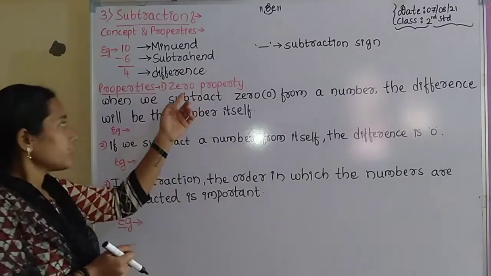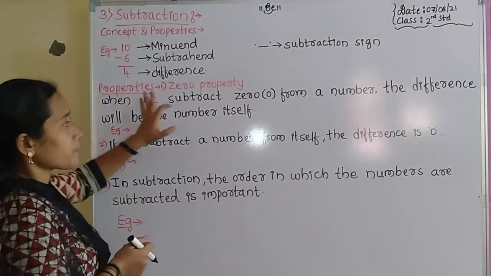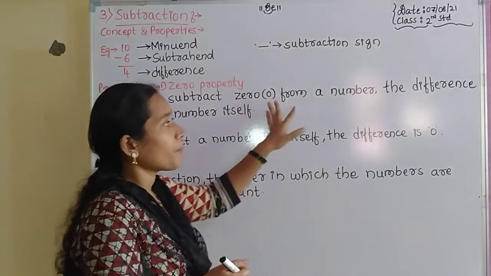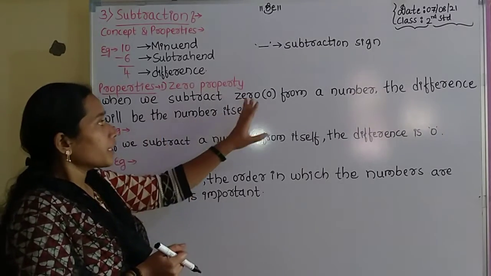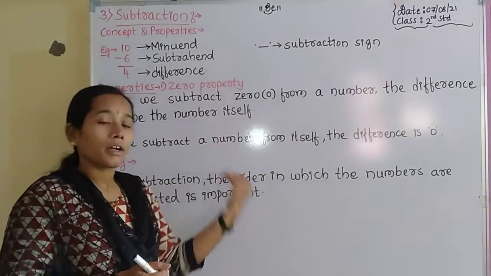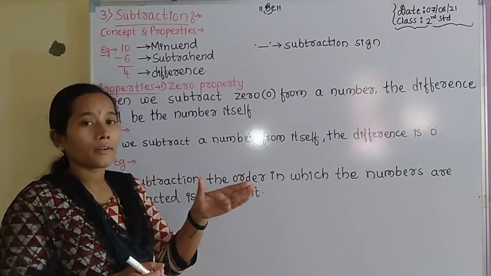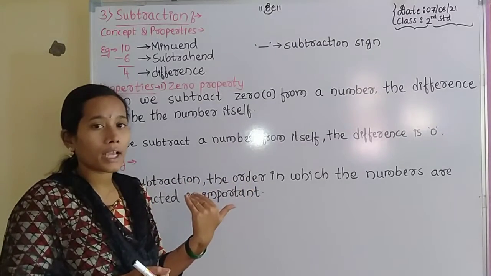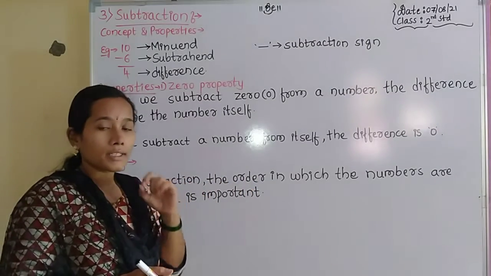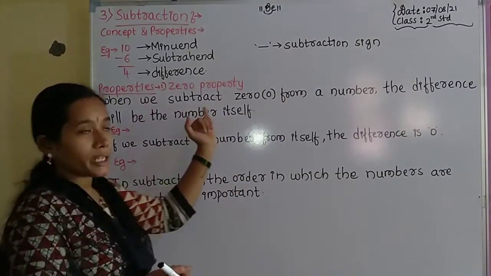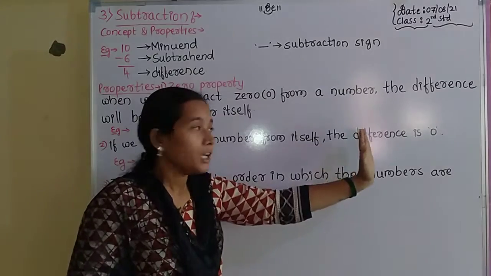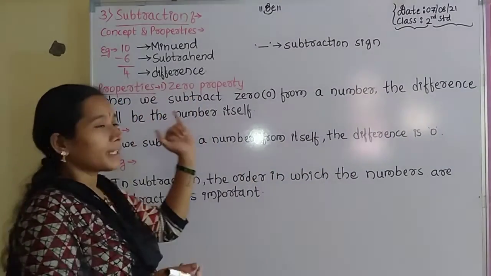So the zero property is: when we subtract 0 from a number, the difference will be the number itself. Here we do not subtract a number from 0. In both cases we have to consider only one, that is 0 from a number.